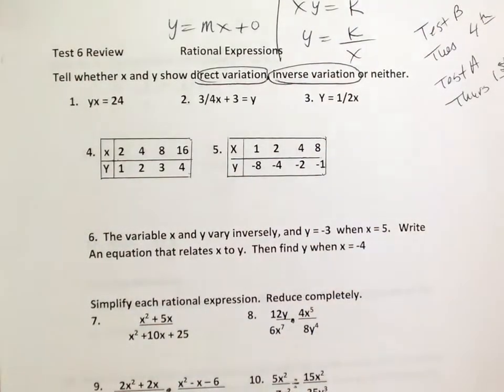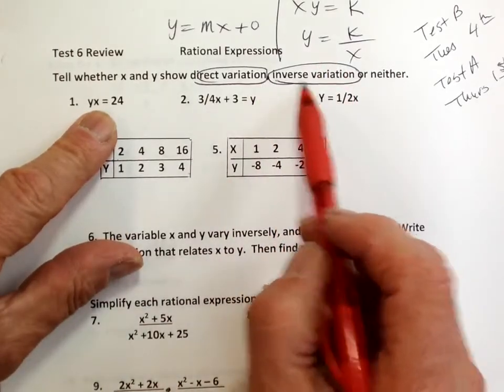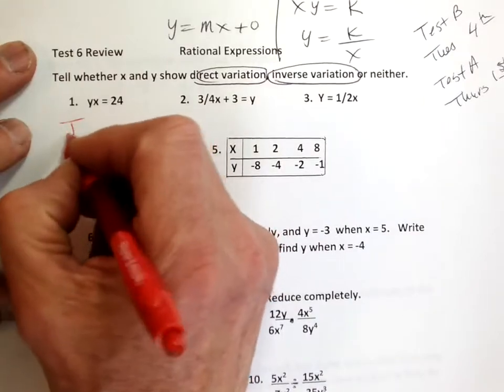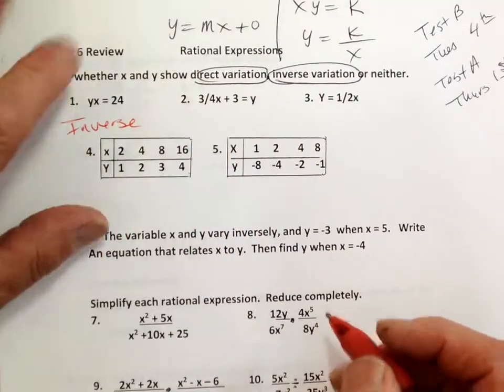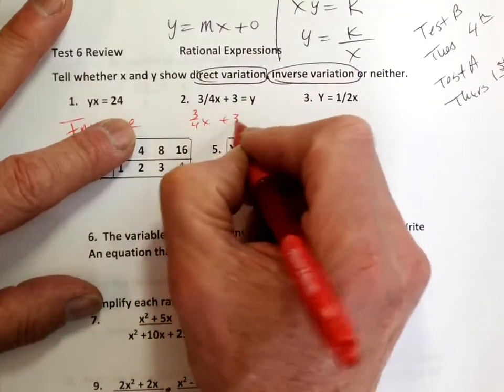Okay, so let's take a look at the first three. Number one, xy equals 24. That's definitely going to be an inverse variation. It fits that model perfectly, so I'd say it's inverse. Number two, that's like y equals 3/4 x plus 3.